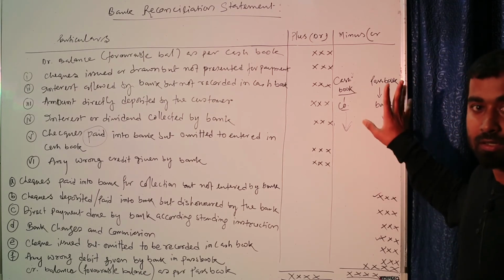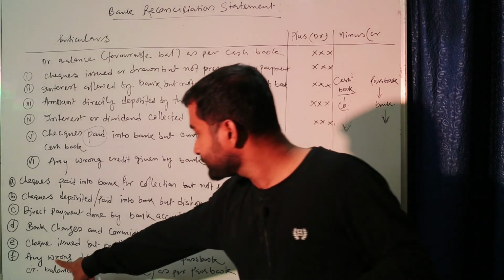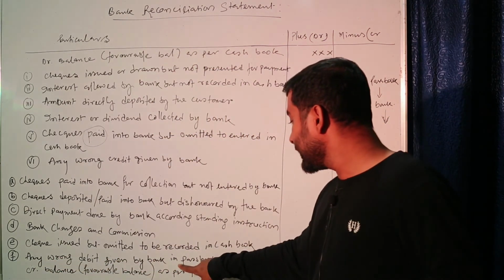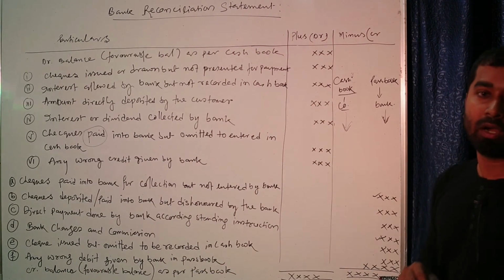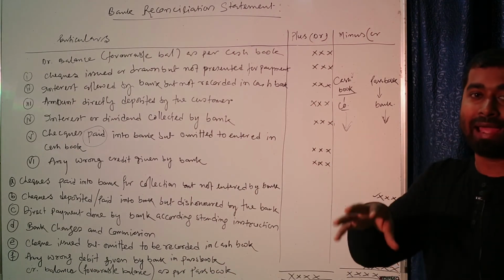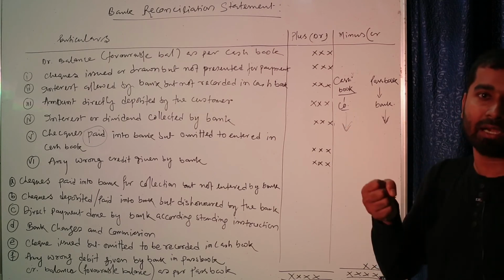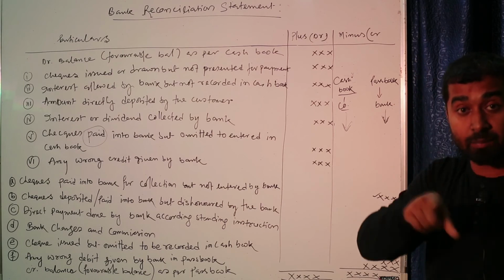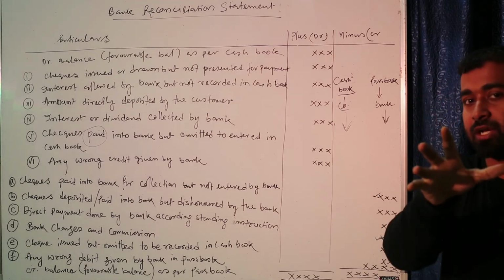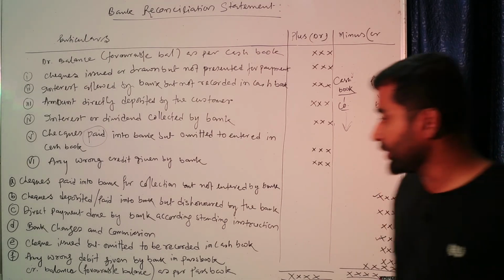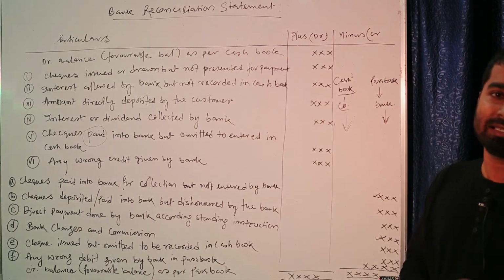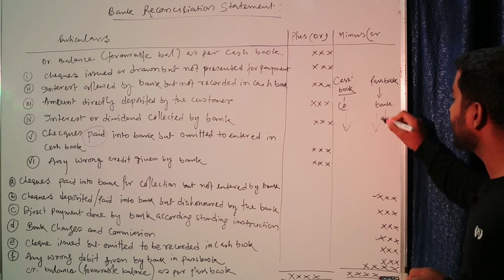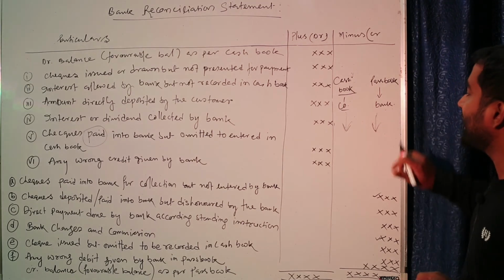That means reduce. Next, any wrong debit given by the bank in the passbook. Anything wrongly debited by the bank means the amount is subtracted. I told you, debit as per the passbook is subtraction, but debit as per the cash book is addition. Remember that. So any wrong debit done by the bank has already reduced that amount in the passbook.